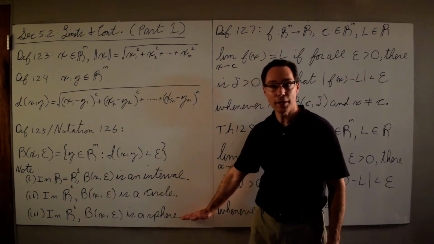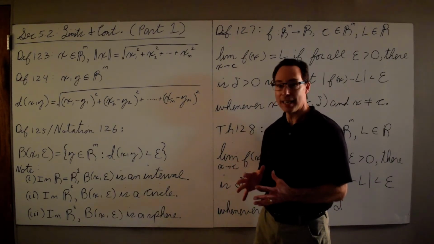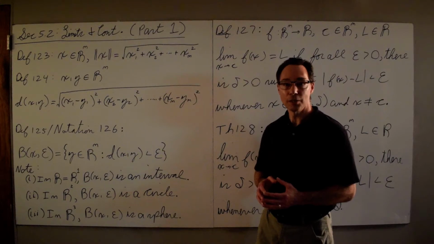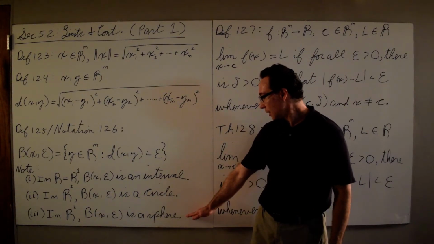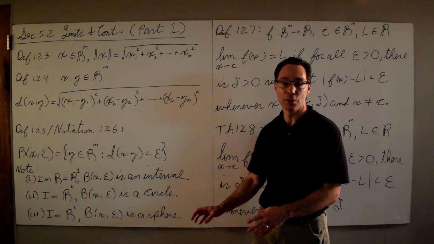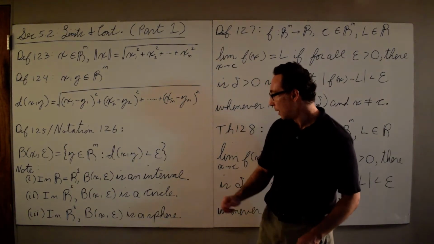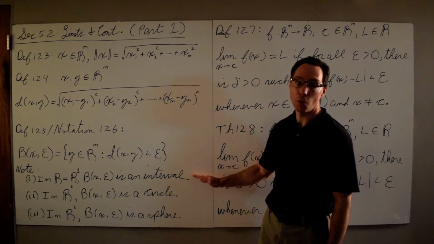In R3, it's a sphere. Set of all points that are less than some distance from a given point. So it's the set of all points that are inside the sphere but not on the sphere. And in R1, it's an interval.